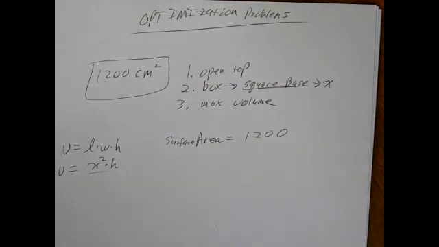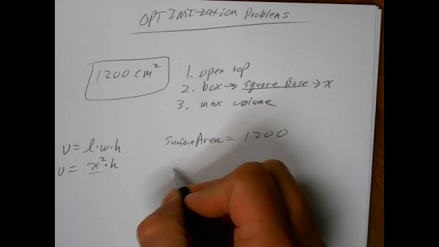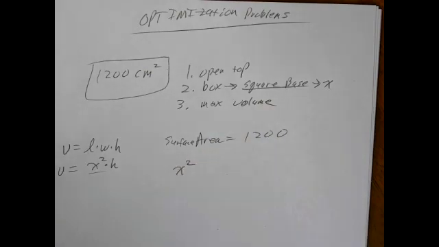So let's figure out what the surface area of that box would be. First of all, the bottom of the box measures x by x. So that's an x squared. That's just the bottom. There is no top, or I'd put another x squared in there for the top.